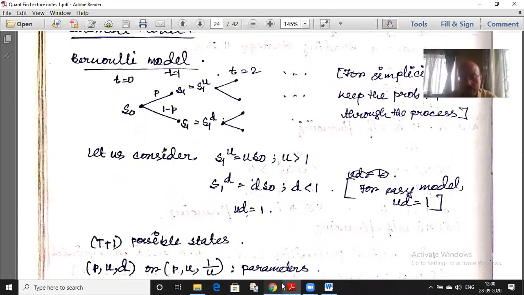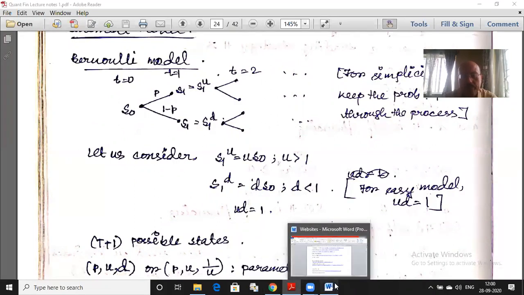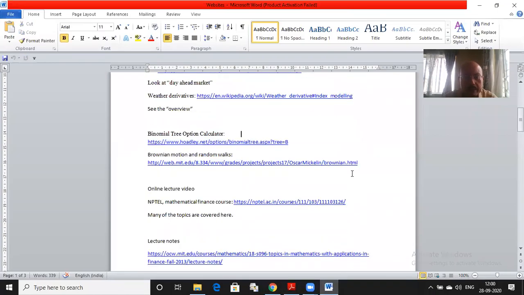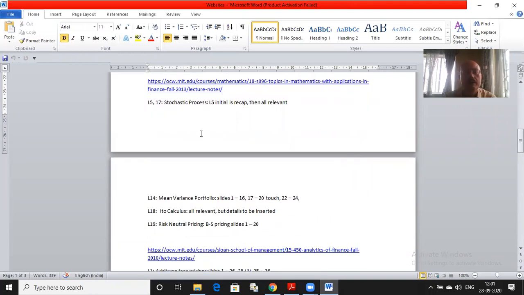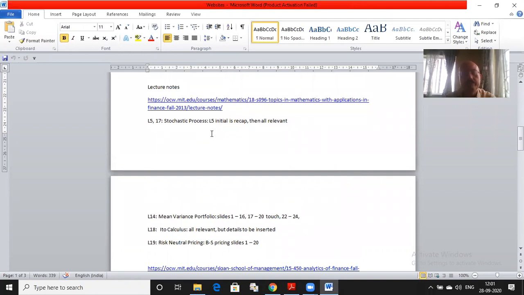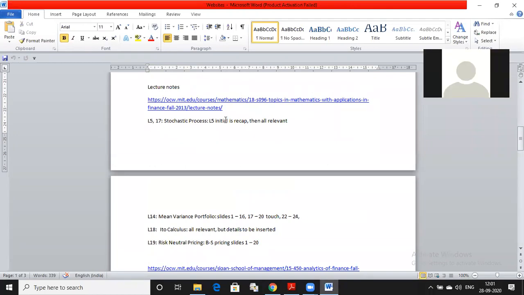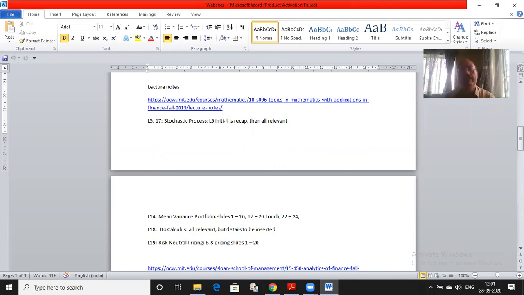So then I will do the easy thing. I will just point you to the right material. Remember that we were talking about the MIT OpenCourseWare? Can you see the Word file now on screen? Yes, sir. So look at these lectures, lecture 5 and lecture 17. They have the initial material in a nice way. After that you can easily read up the binomial tree model from Pliska, what we are discussing now.